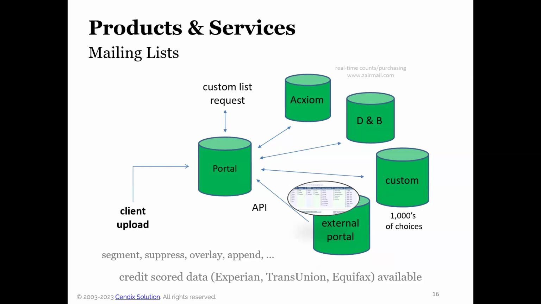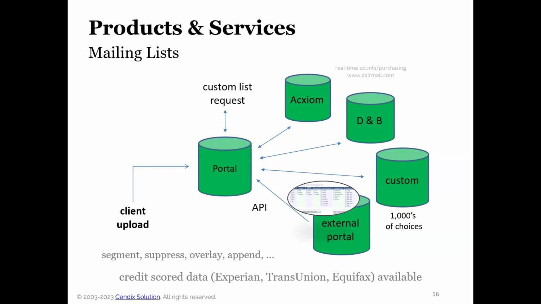We offer Axiom for consumer data, which is the largest consumer database in the United States, and Dun & Bradstreet for business. And then we have access to thousands of different compiled lists from magazine subscriptions or club registrations or all different kinds of things. And if you're in the financial industry, doing auto loans, home loans, banking, things like that, then we also have access to credit score data.